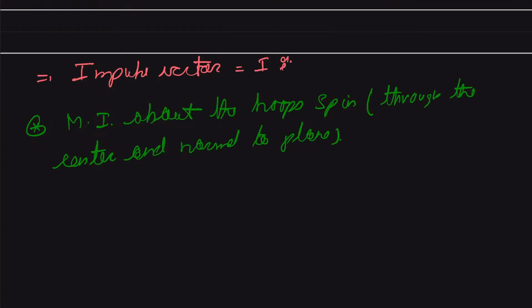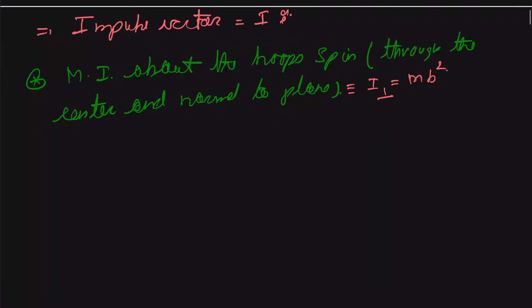We can call this I perpendicular, and that will be equal to m b squared. And there is rolling without slipping.